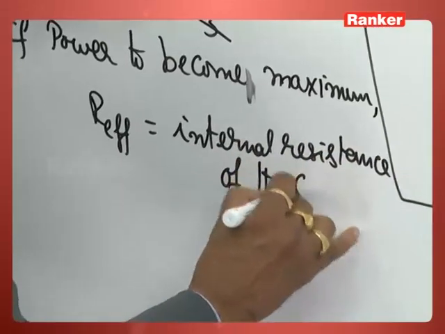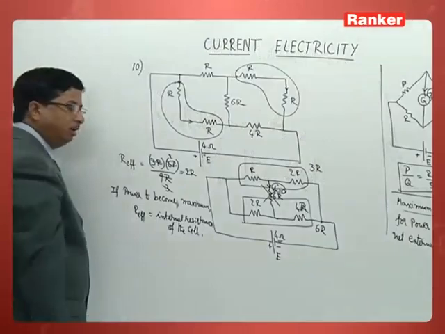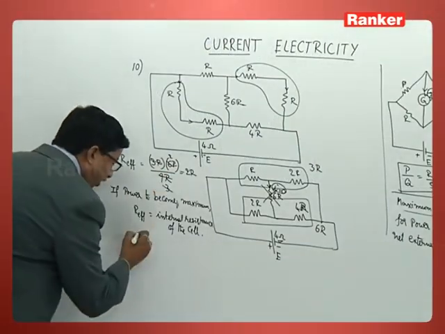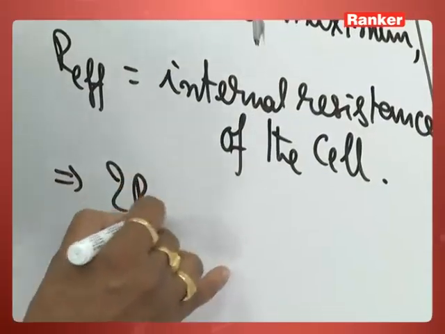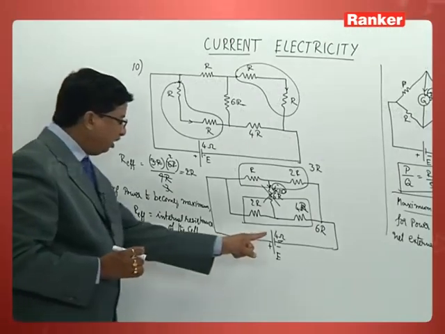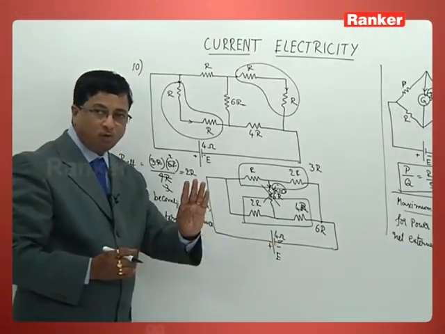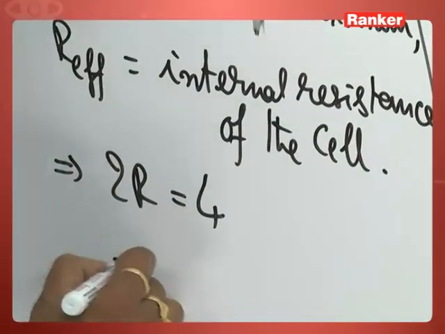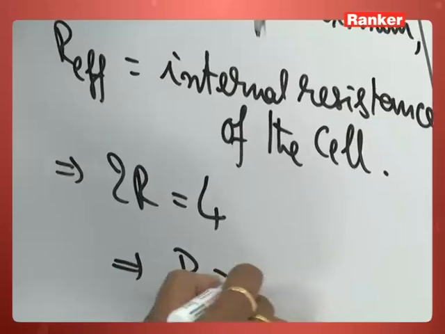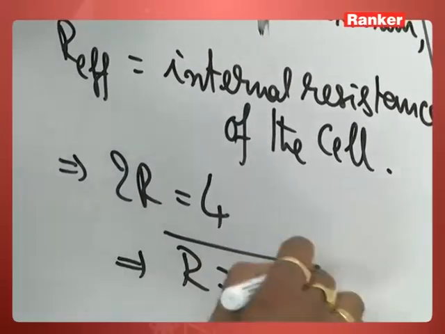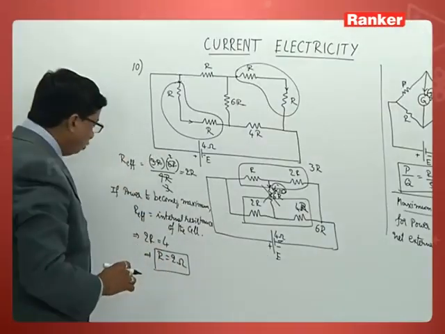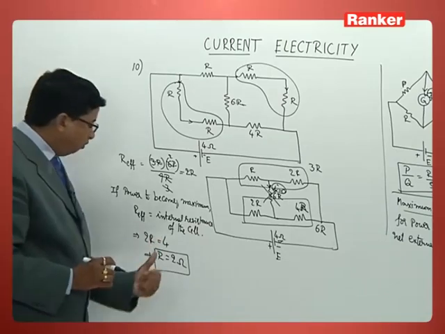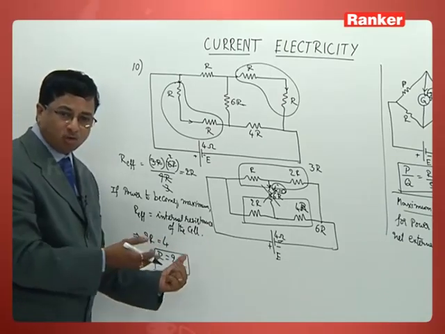Internal resistance of the cell. So what is R effective here? It is 2R. What is internal resistance of the cell? 4 ohm. So you write this one as 4. Then what is the condition? R must be 2 ohm. When 2R is equal to 4, what should be R? It should be 2 ohm.